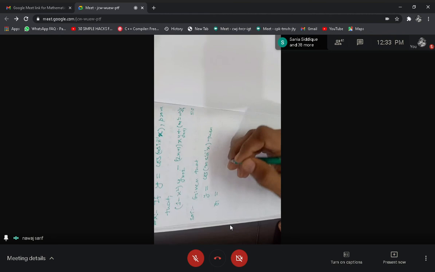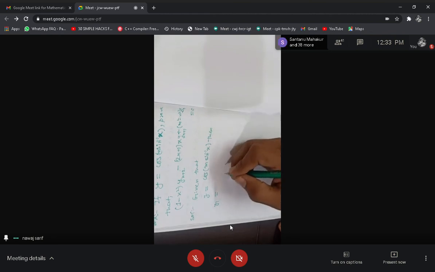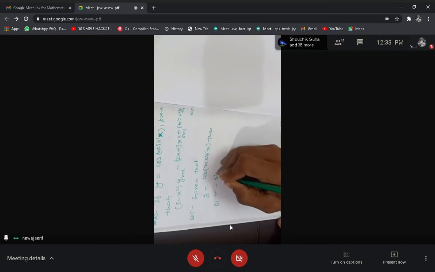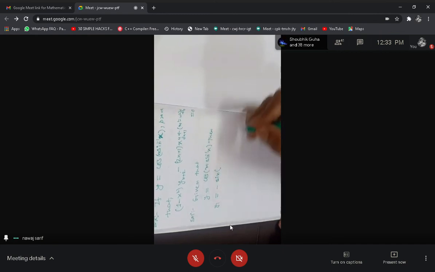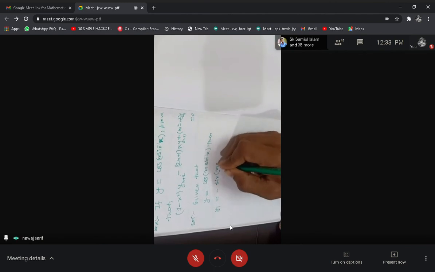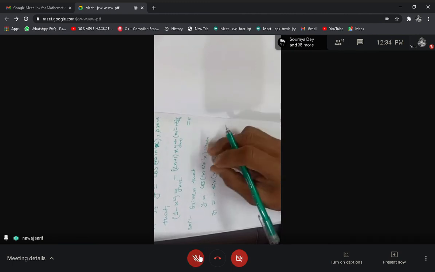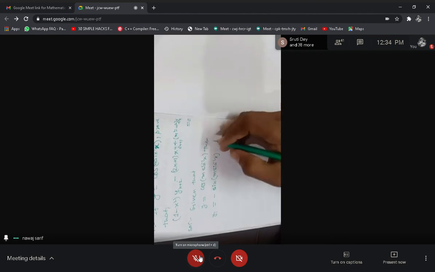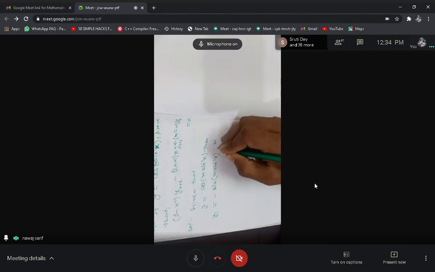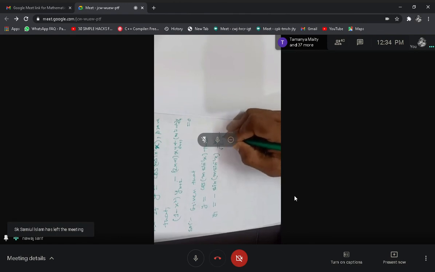Minus sin of m sin inverse x, plus the derivative of the inside function, m upon square root of 1 minus x square.